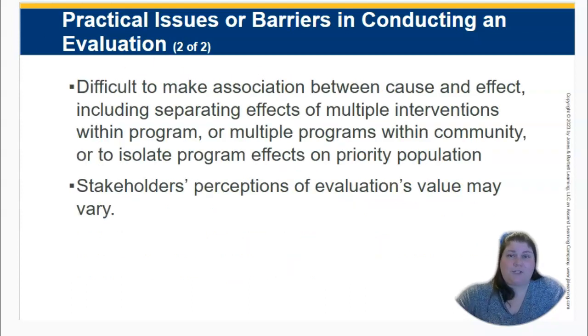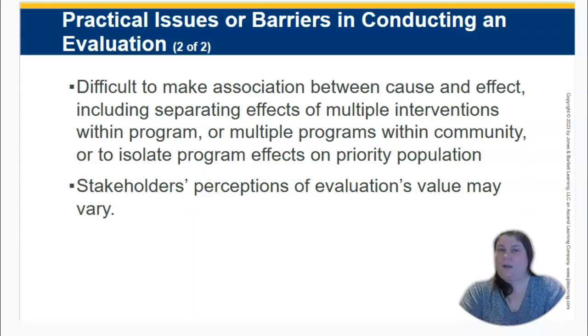Additionally, other issues are that it's difficult to make association between cause and effect. So that makes evaluation a little bit more difficult. And there's also, when you're providing a program, it's not happening in a vacuum. That's not the only thing that people are doing with their time.